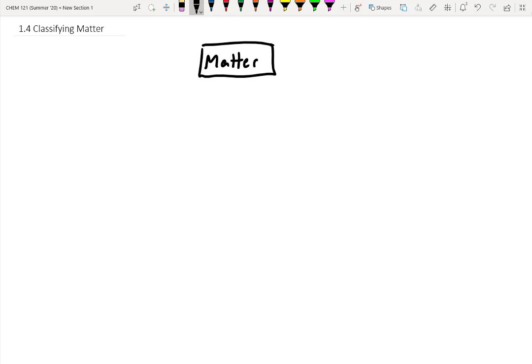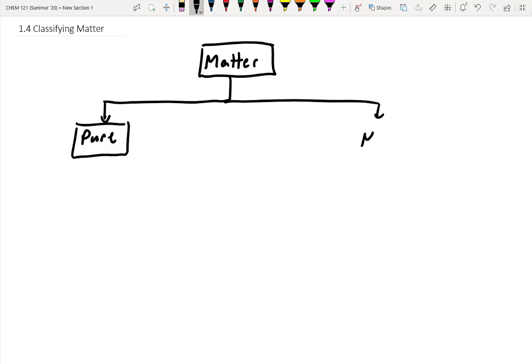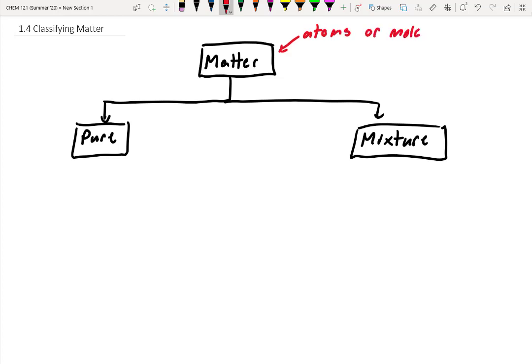And if we have a sample, the sample of matter could either be pure or it could be a mixture. So let's kind of make a little chart here. So in matter, this could be made up of atoms or molecules. And if we have a sample of matter, that can be broken up into a pure sample or a mixture.